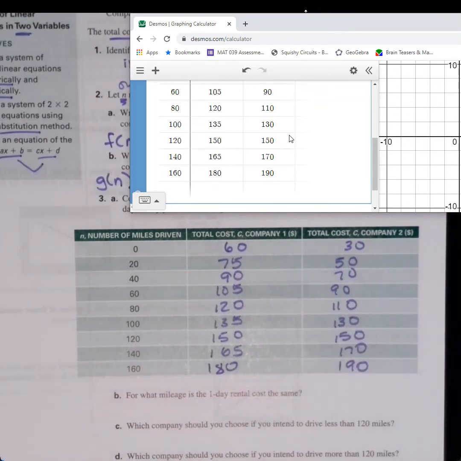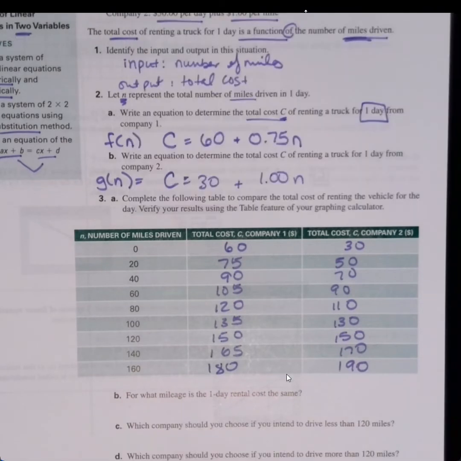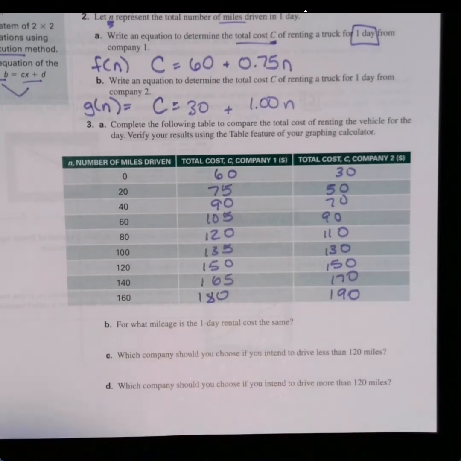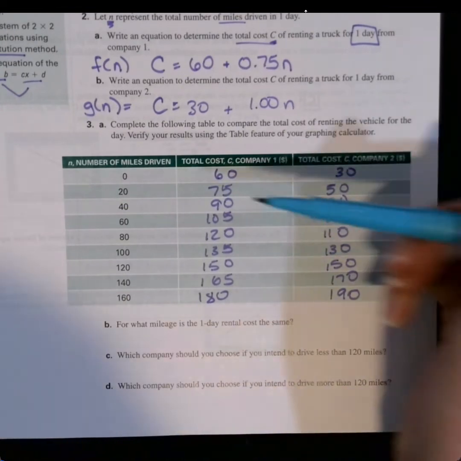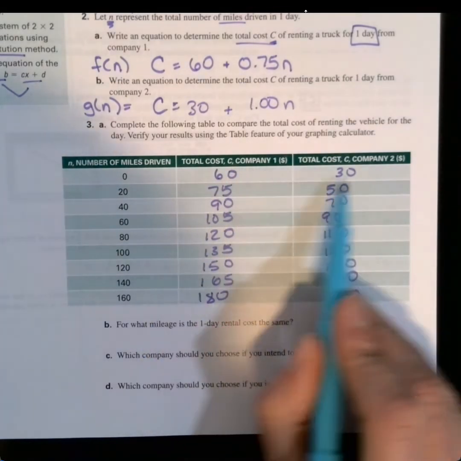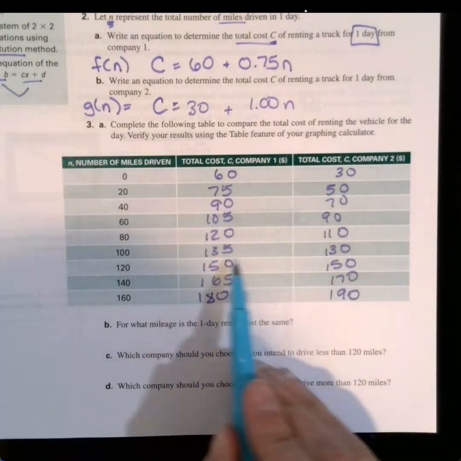Okay. For what mileage, our next question asks down here, for what mileage is the 1-day rental cost the same? So if I compare these, 60, 75, 90, etc., what day are they the same? So they're not the same until I get here.